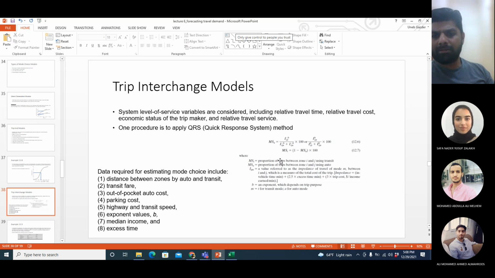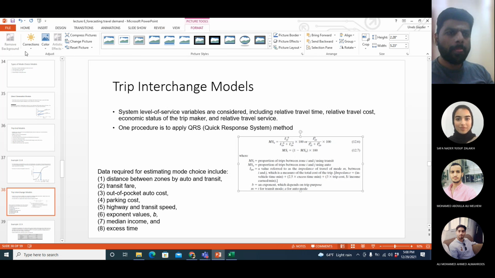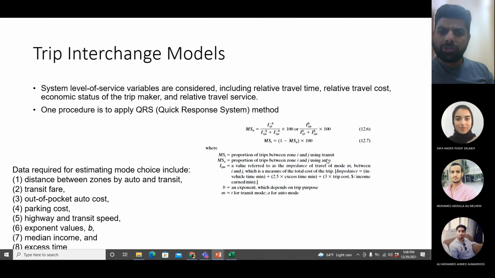Now, according to the quick response system, if you want to calculate the number of trips between zone I and J, let's say using transit, transit is given with the subscript T, and A means auto.